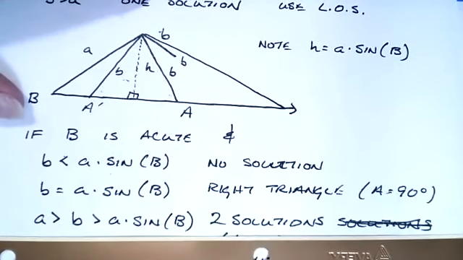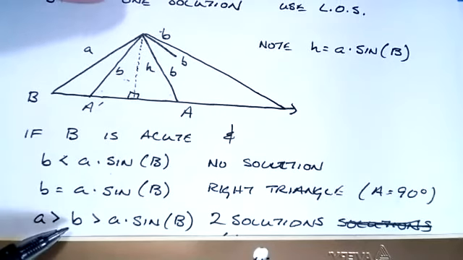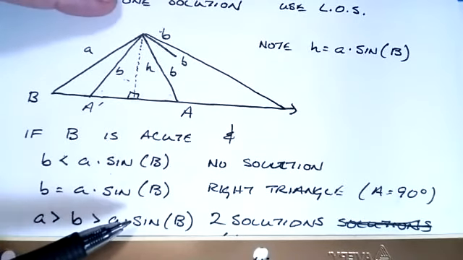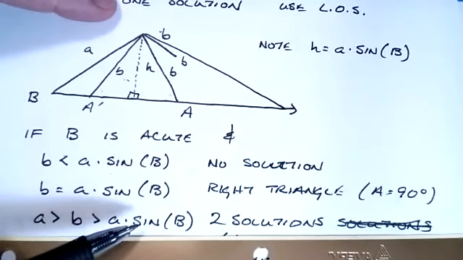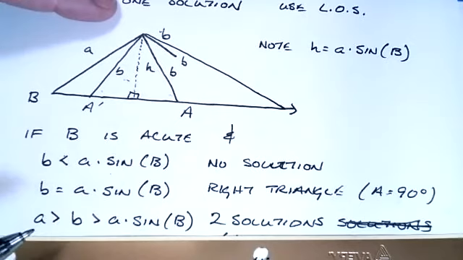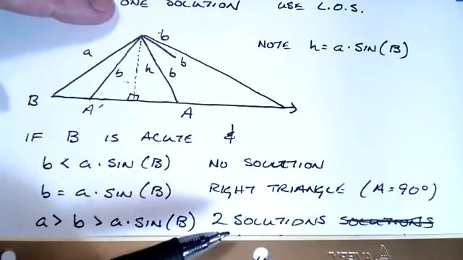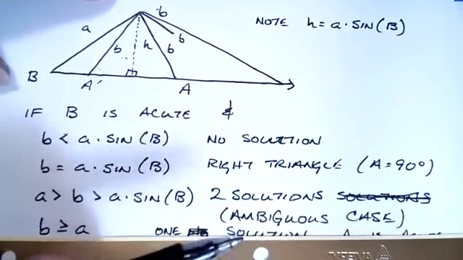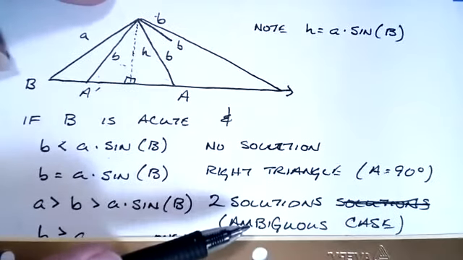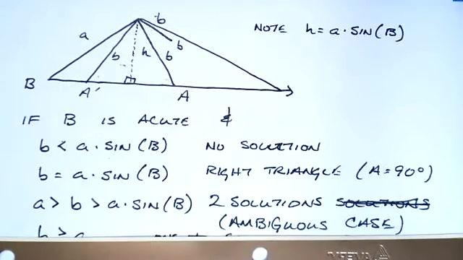And then if B is a little bit bigger than the altitude, but not as big as side A, this is where you have two solutions. And when you have these two solutions, this is what is called the ambiguous case of the law of sines.